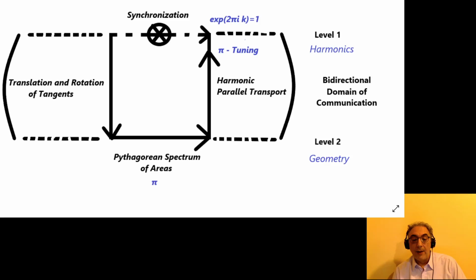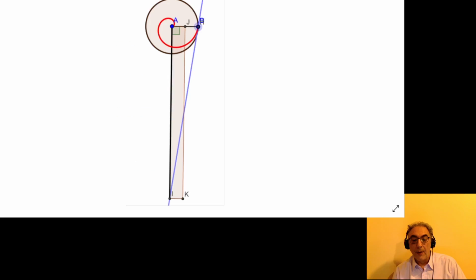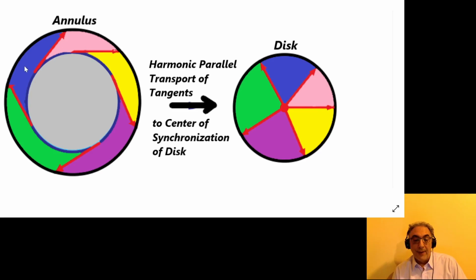So the analogy is that, as in the case of the Pythagorean theorem, we have the area of this annulus here seen in momentum space out of the harmonic parallel transport of all these tangents at the joint center of synchronization in terms of a disk, which is a disk of velocities, since the radius of this disk is made out of these tangents, which are all equal.